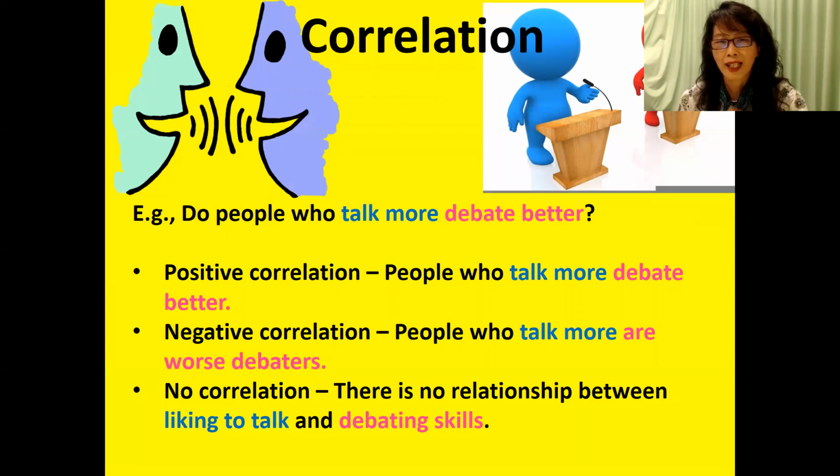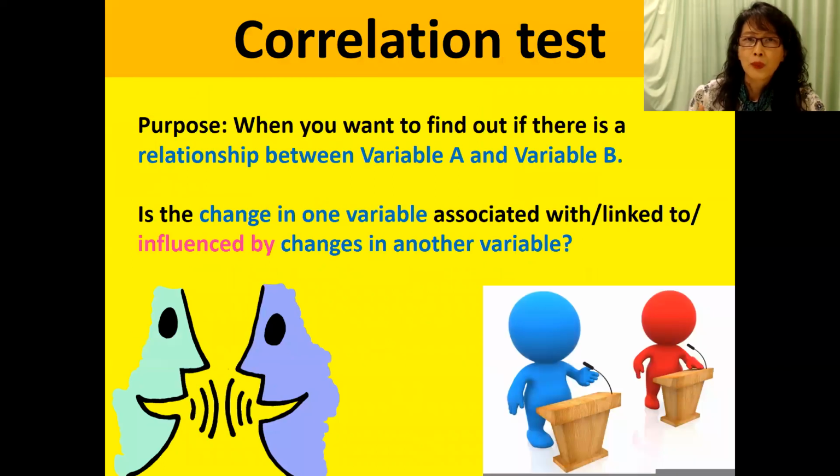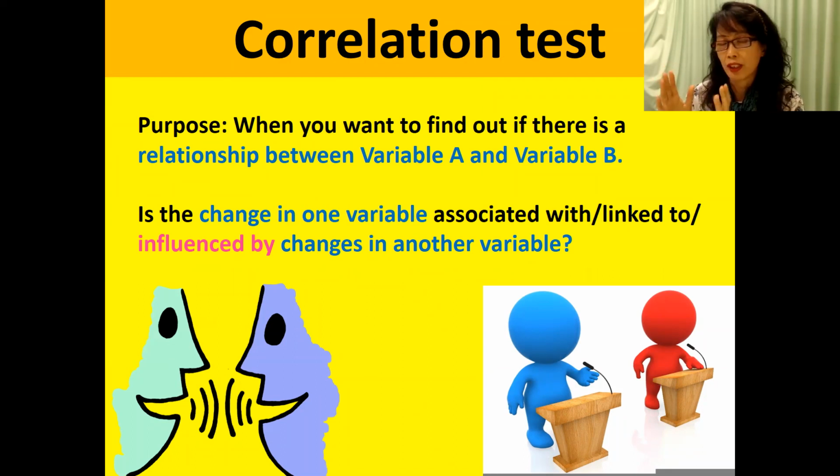So with this general idea, I hope it will help you to understand what I have to explain next. So we use a correlation test if our research is designed to find out whether there is a relationship between variable A and variable B. So whether a change in A actually goes with a change in B. I'm careful here to not use the word cause, but it's only associated with or linked to or influenced by, because we don't do experiments and therefore we cannot use the words cause and effect.